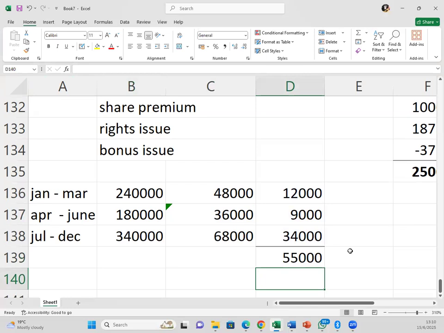I first of all calculated, at every point in time, how much of the assets did we have? From January to March, the cost of the asset that we had was 240. But we sold some at the end of March, so we were left with assets with the cost of 180. Then in July, we bought more assets. So the assets had now a cost of 340.